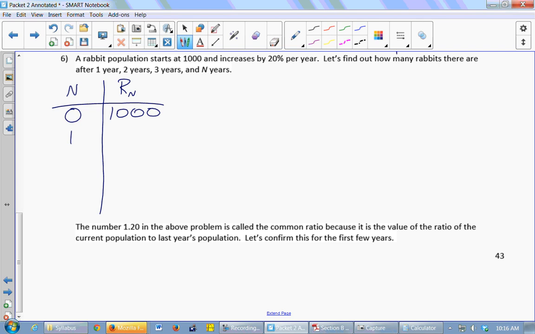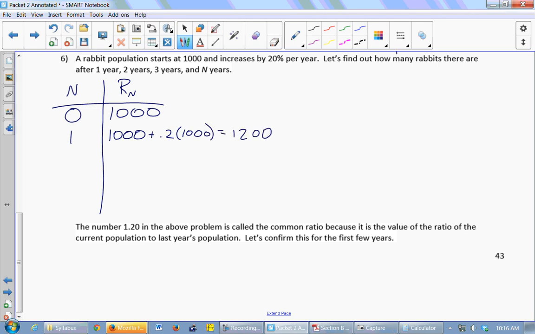Right, so the way you figure that out, how to increase something by 20%, take 20% of it and add it to it. So I would have 1,000 plus 20% of 1,000, which is 1,200.